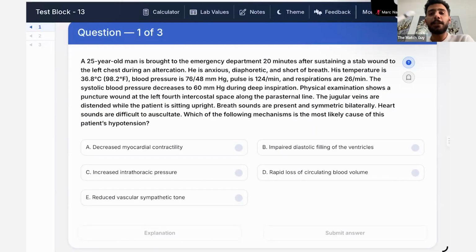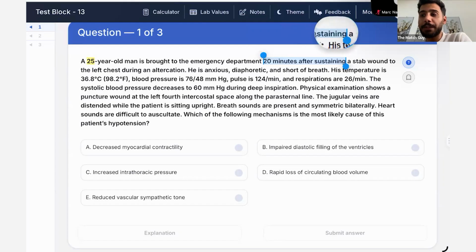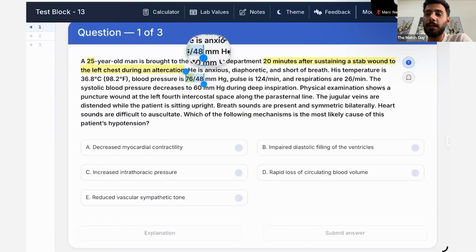Okay, so this is a 25-year-old man who is brought to the emergency department 20 minutes after sustaining a stab wound to the left chest during an altercation. So this looks like a trauma. He is anxious, diaphoretic, and short of breath as well. His temperature is normal, blood pressure is low, so this is shock.